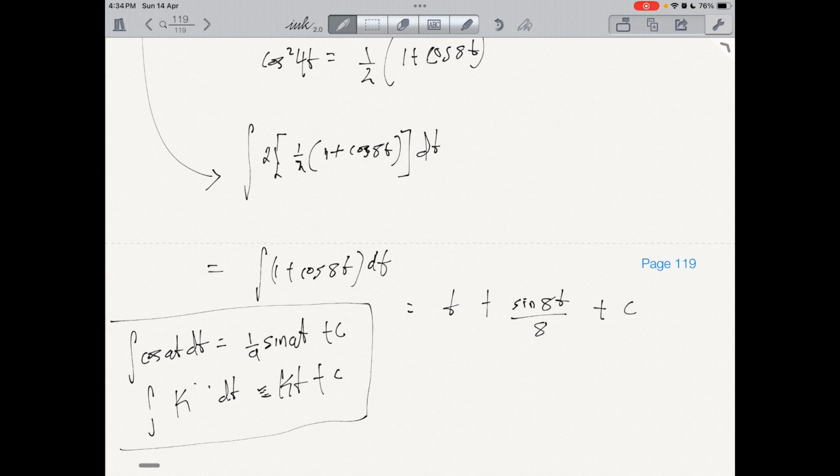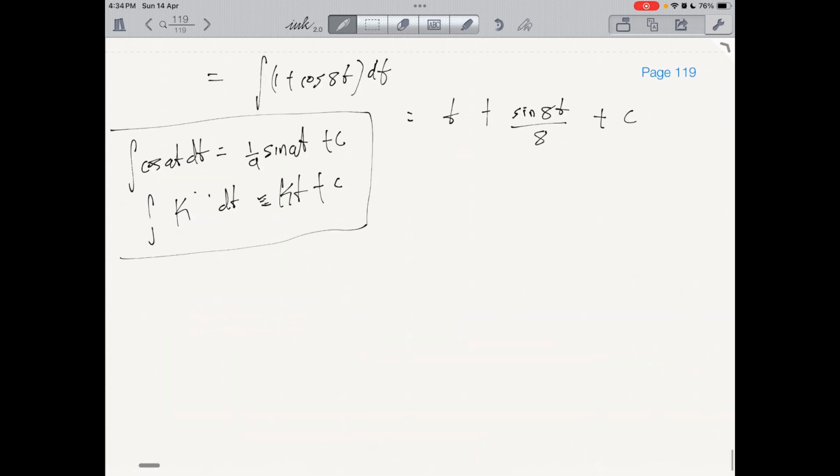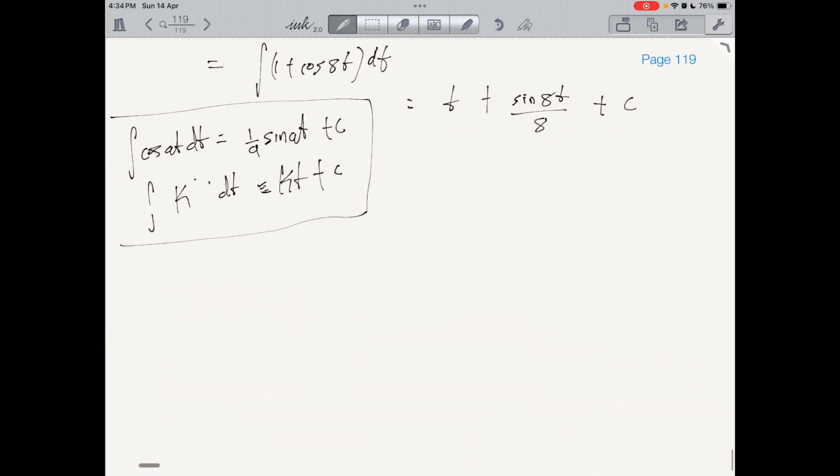So very important. If the question was changed from indefinite integral to definite integral, and we are asked to evaluate the integral from 0 to pi over 4 of 2 cos square 4t dt. Now we know integrating 2 cos square 4t will give us t plus sine 8t over 8, and our limit is 0 to pi over 4.